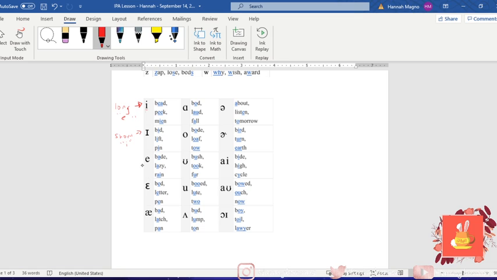This representation of the E actually is the long A sound. So bathe, lazy, rain. Here is the short E sound with the E. This one is called an epsilon. So bed, letter, pen. This one is called an ash.